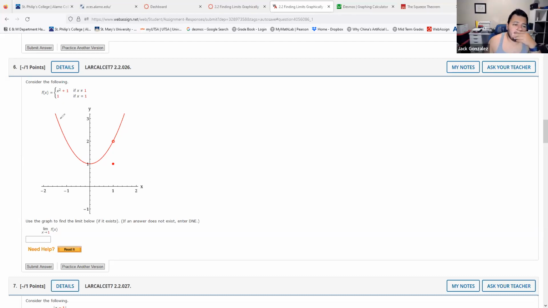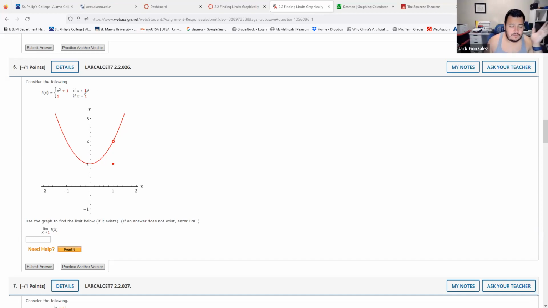So what this is saying is when x is equal to 1, it's always going to be this, no matter what. And that number is 1. So if x is 1, then the y value is 1. That's how you use that.